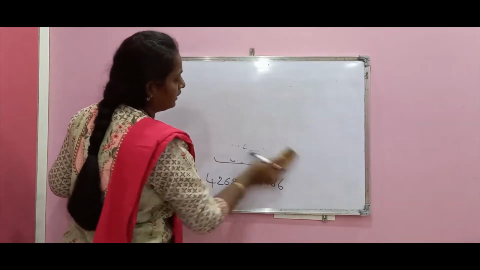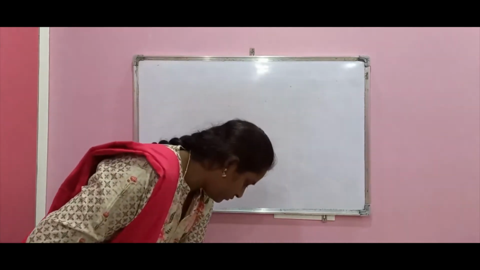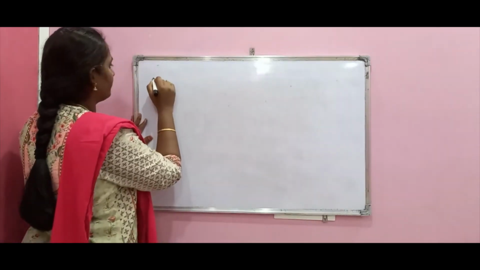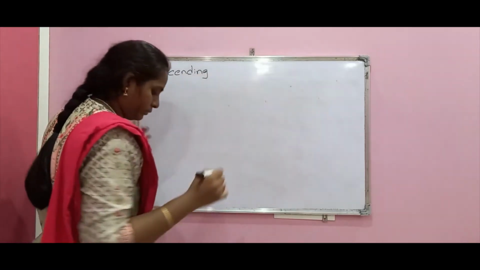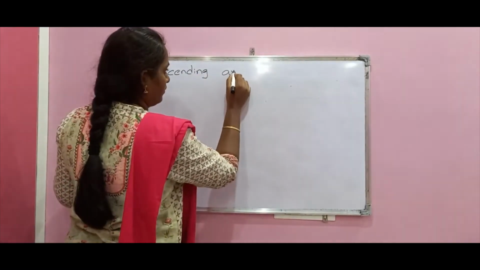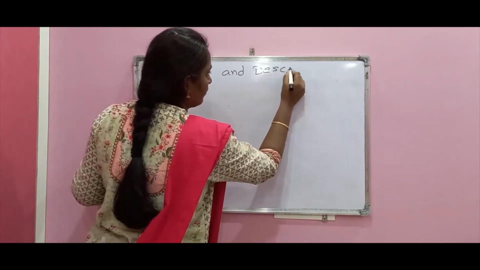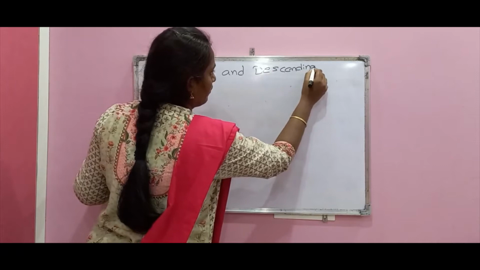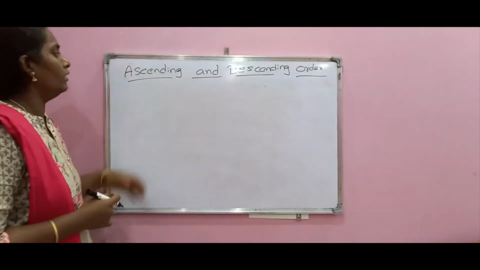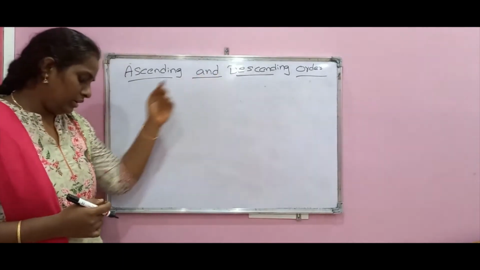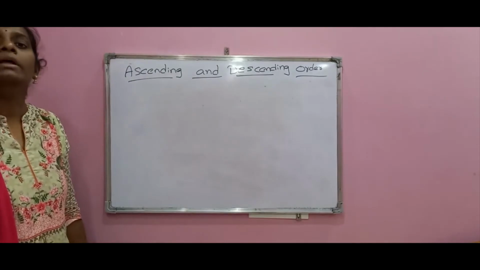Now, ascending order and descending order. Ascending order means arranging the given numbers from the smallest number to the biggest number.